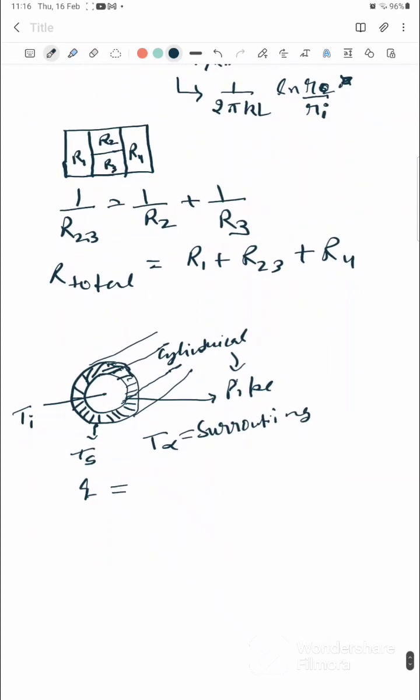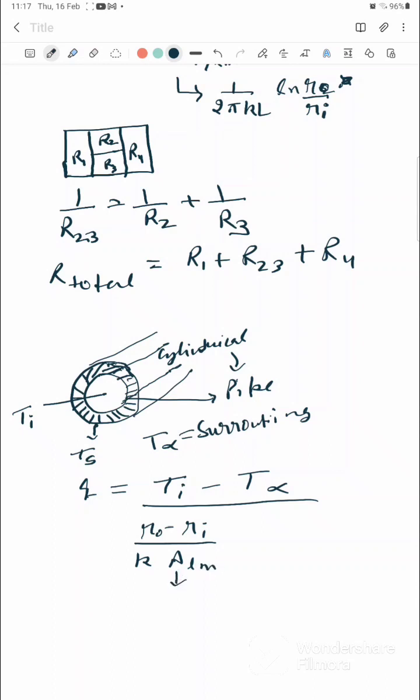Q is equal to Ti minus T infinite upon R naught minus Ri upon K Alm, the logarithmic mean of area.